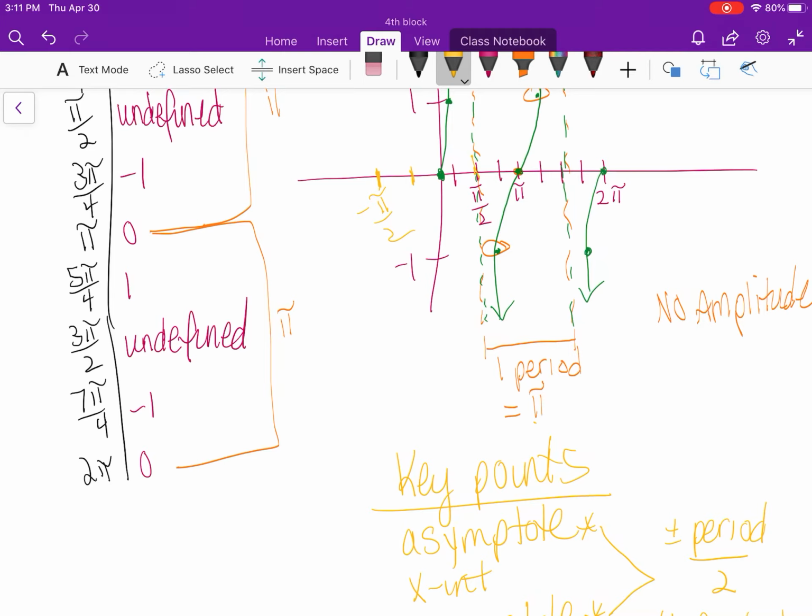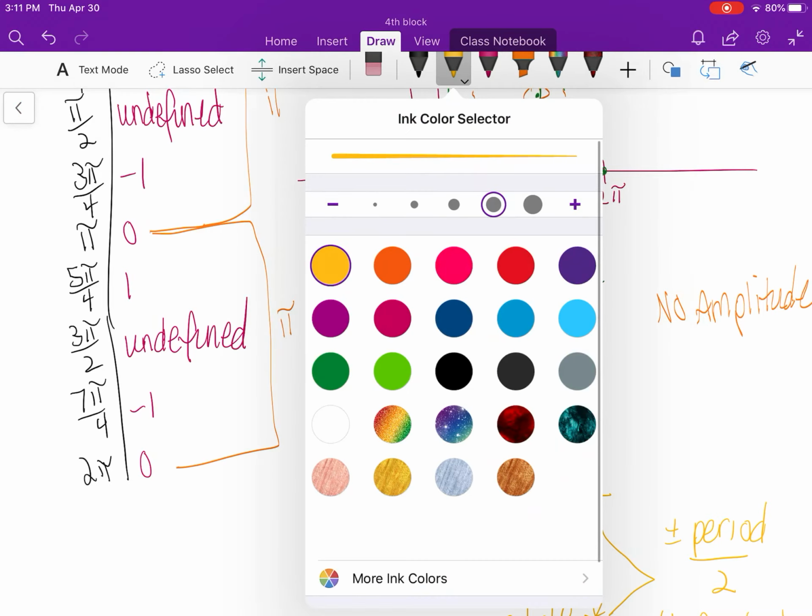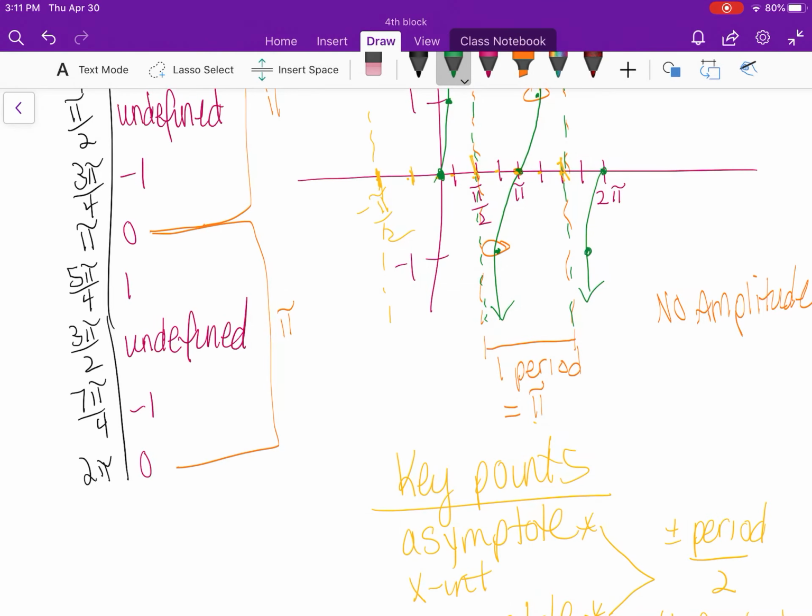That would be negative pi over 2. Well, how many spaces do I have between these 2 asymptotes? There's 1, 2, 3, 4 spaces. So if I go 1, 2, 3, 4 spaces back, sure enough, I would have another asymptote there. And then I could finish my graph if I wanted to and make it go down that way.